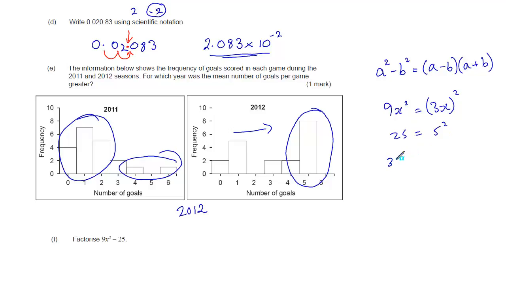So what we have is 3x squared take away 5 squared. So if we follow this pattern, we end up with 3x minus 5 and 3x plus 5.